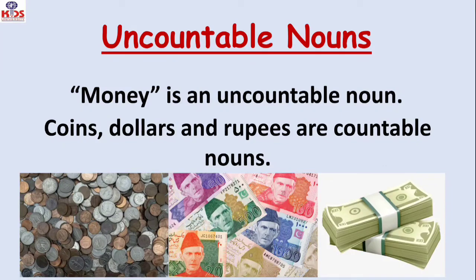We can say I have a lot of money or I have no money, but we cannot actually put a number in front of money because it's an uncountable noun. But you can count coins, dollars or rupees. These are countable nouns and they come under the category of money.